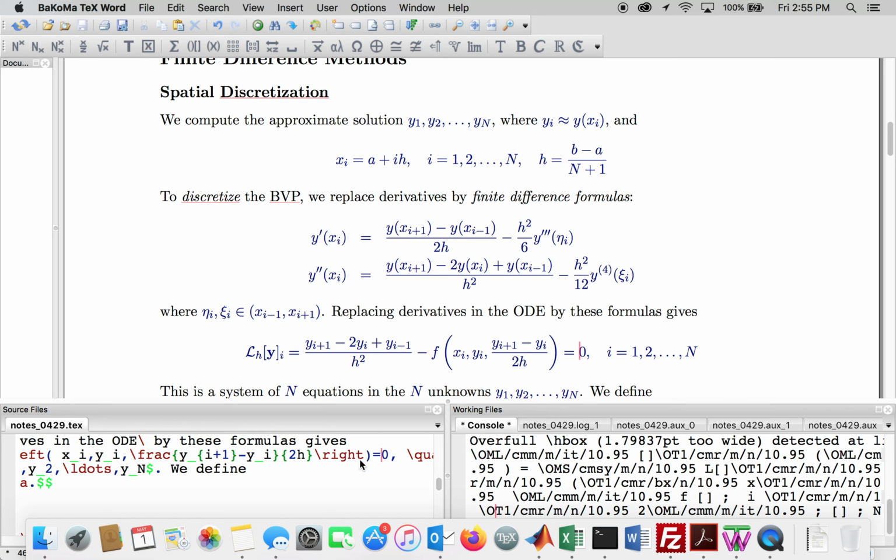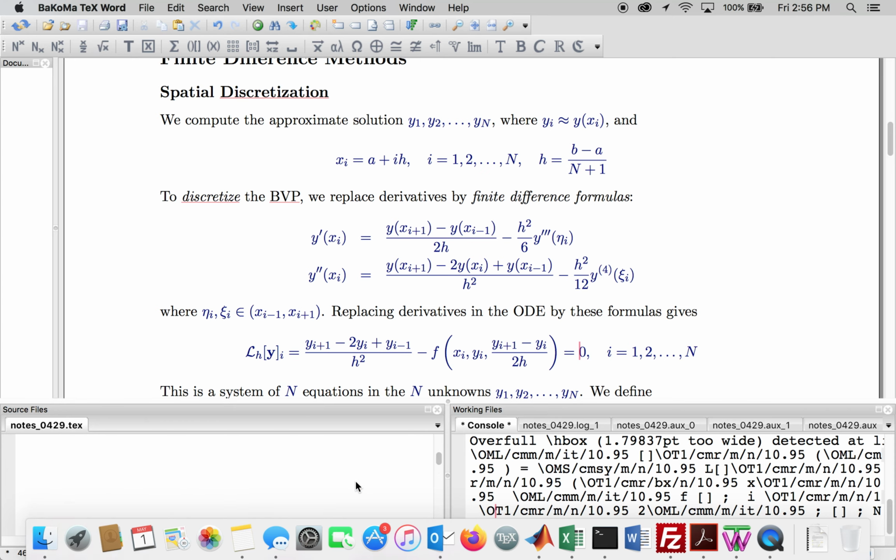And I just realized there's a typo on this line. I should make sure that it's not also a typo in the book. Oh, yes. It is a typo in the book.